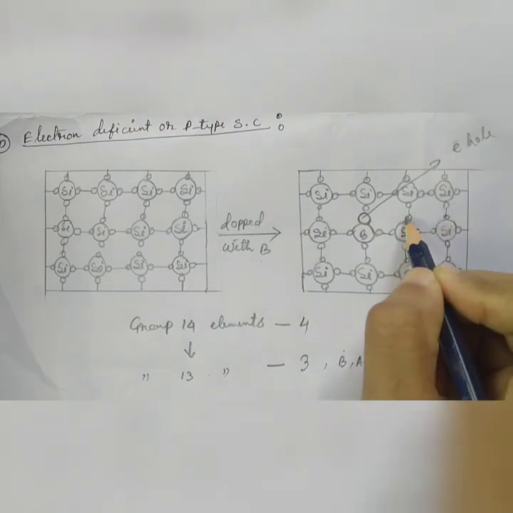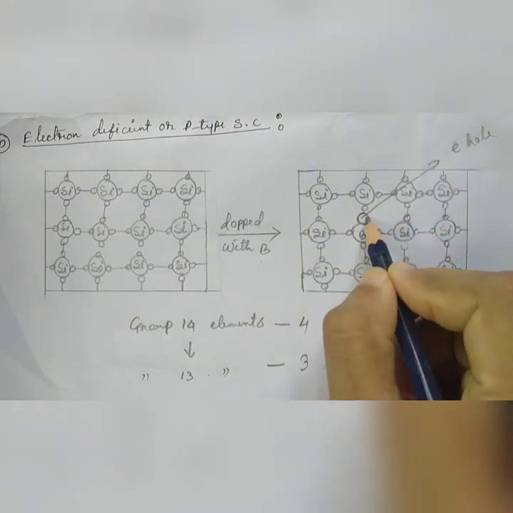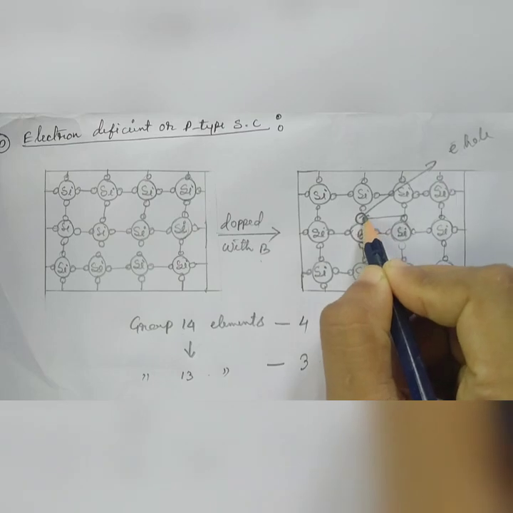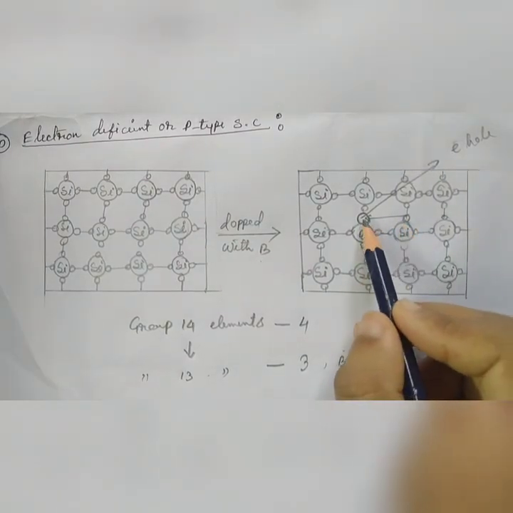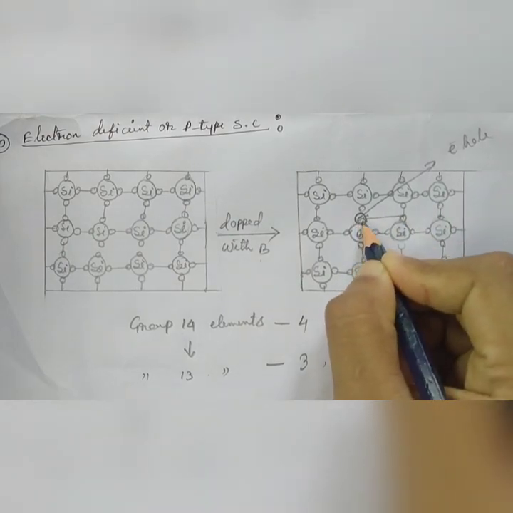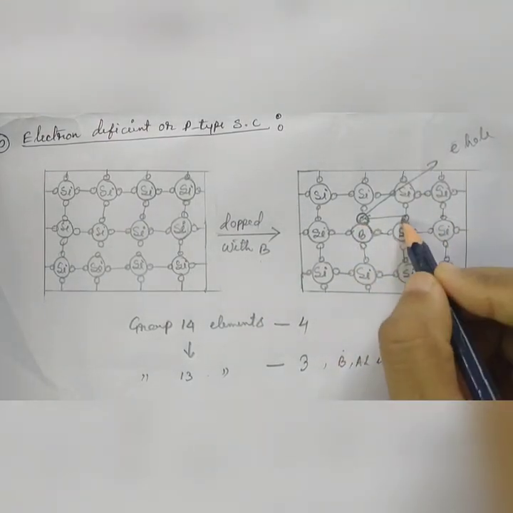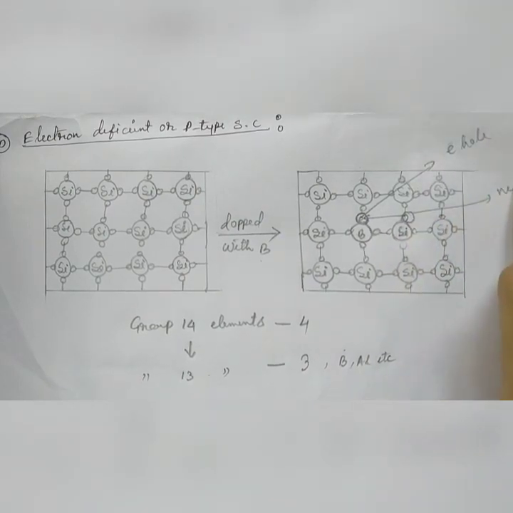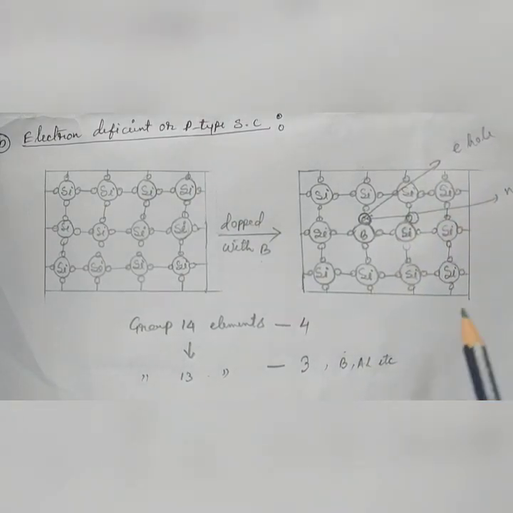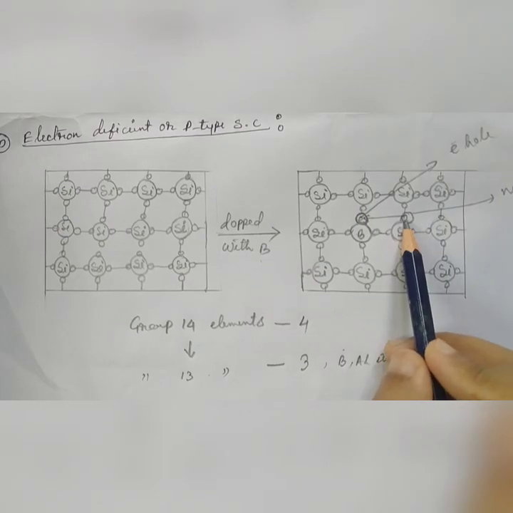So this electron will now try to move towards this hole. If this electron moves to this hole, then the electron will come here, and this place will now create a new hole.